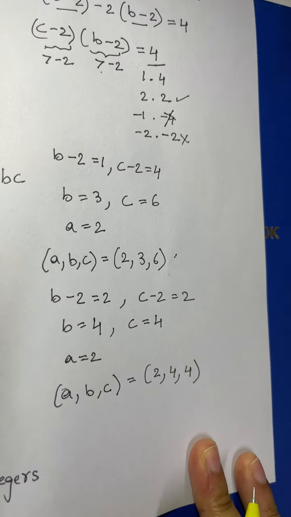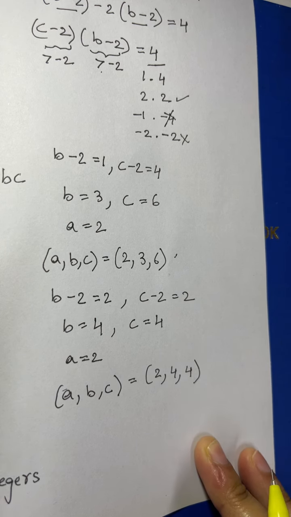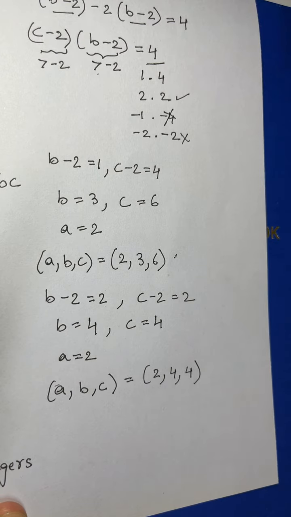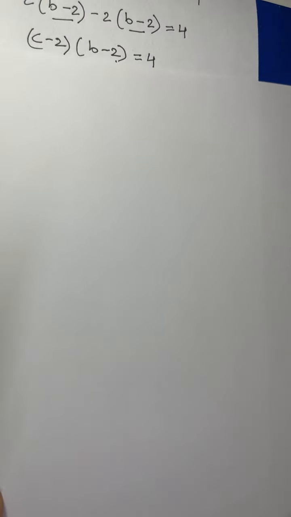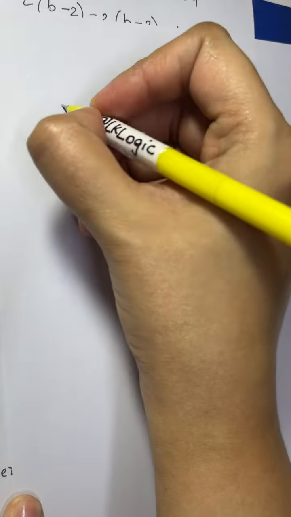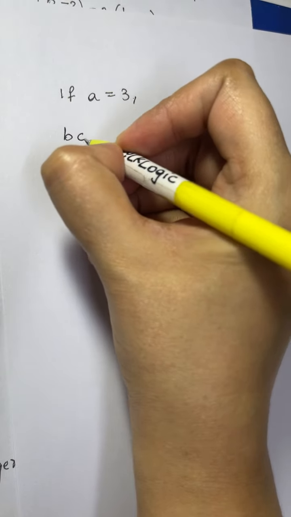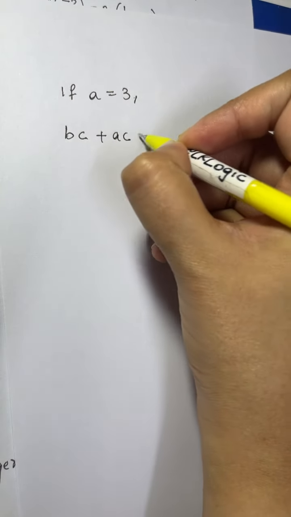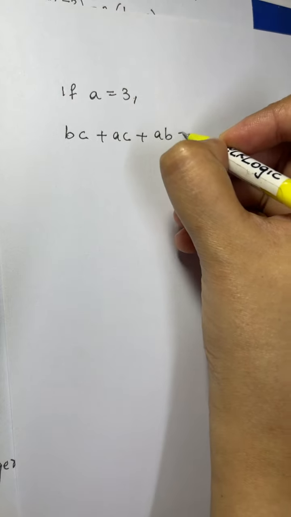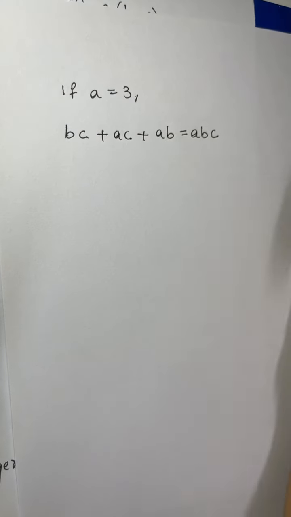Now there's another condition. What will happen if A is equal to 3? So let's write down. If A is equal to 3, again you have the same thing, BC plus AC plus AB is equal to ABC.